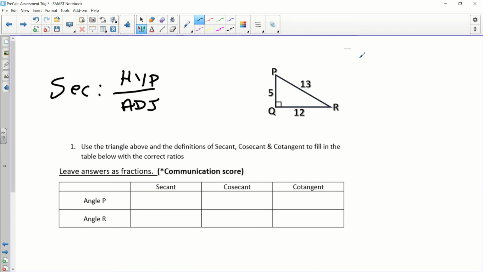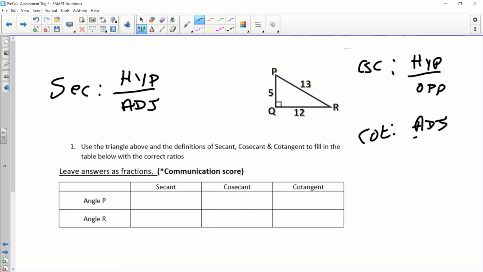Cosecant being the inverse of sine would be the hypotenuse over the opposite. And cotangent being the inverse of tangent would be the adjacent over the opposite.